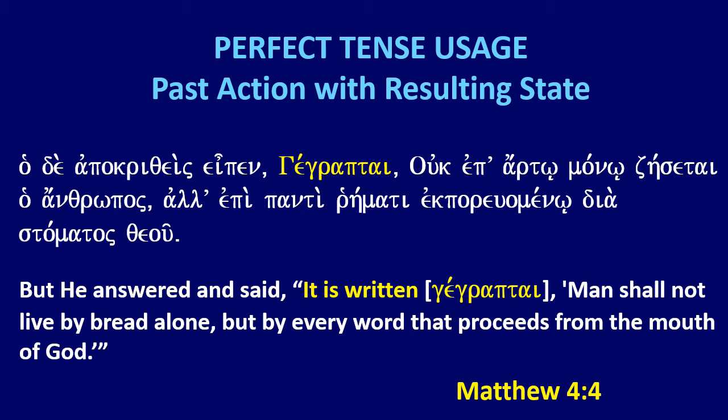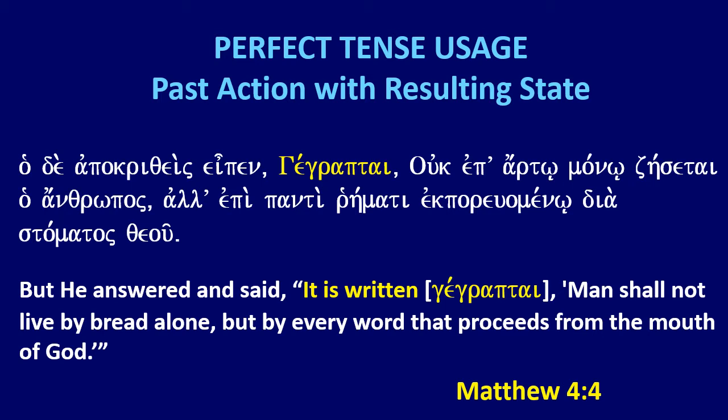Gegraptai is the perfect, passive, indicative, third-person singular form of grapho. And it's translated, "It is written." Notice the present tense emphasis. But there was a past action involved. It was written down in past time by Moses, who composed the book of Deuteronomy 1,500 years prior to Jesus Christ.